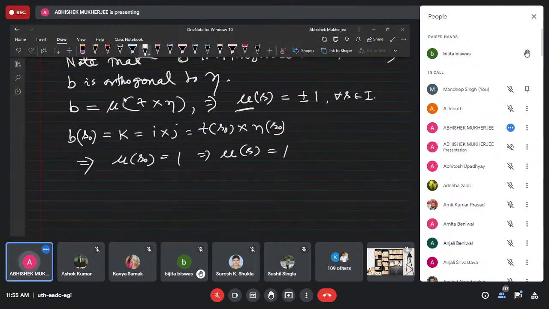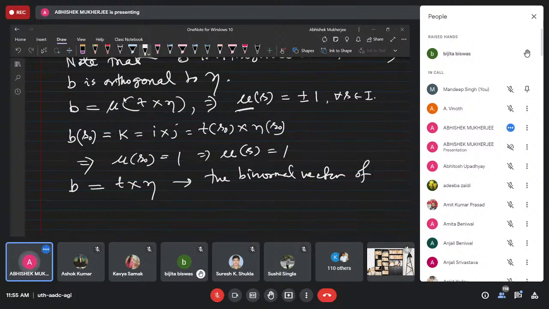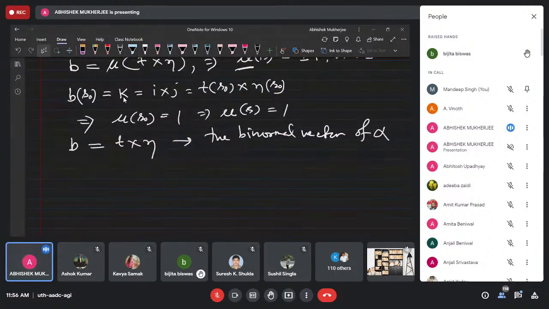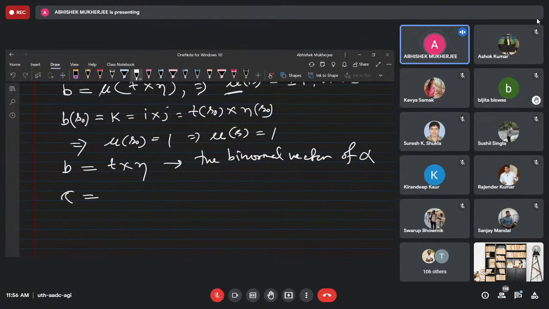And this proves that your B will be T cross eta, and this gives you the binormal vector of the curve alpha. And by equation 1, your tau is the torsion of that alpha.